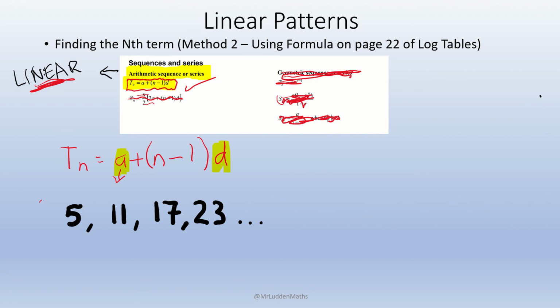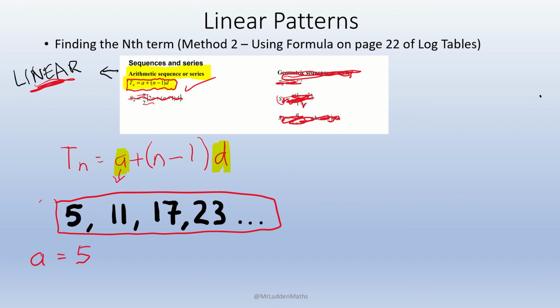So in this sequence here, your a is 5, and your d is 6. Your d is 6, if you can see, because you are adding 6 each time. Add 6, add 6 to get from one term to the other.